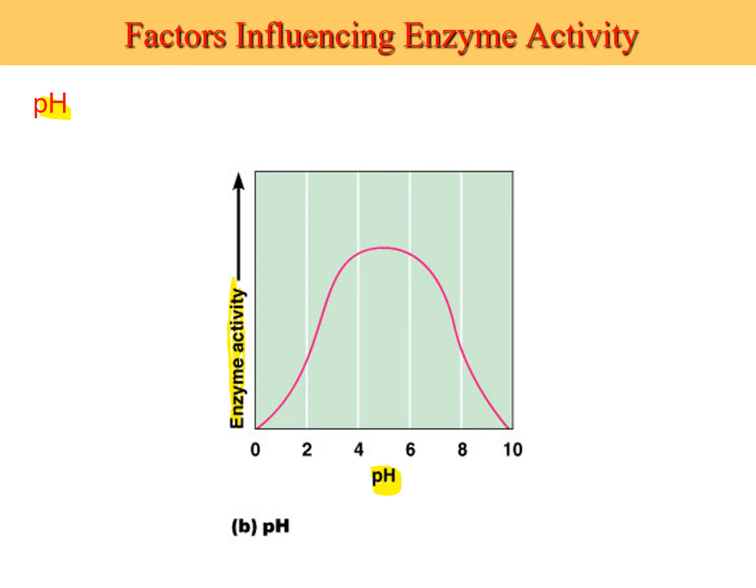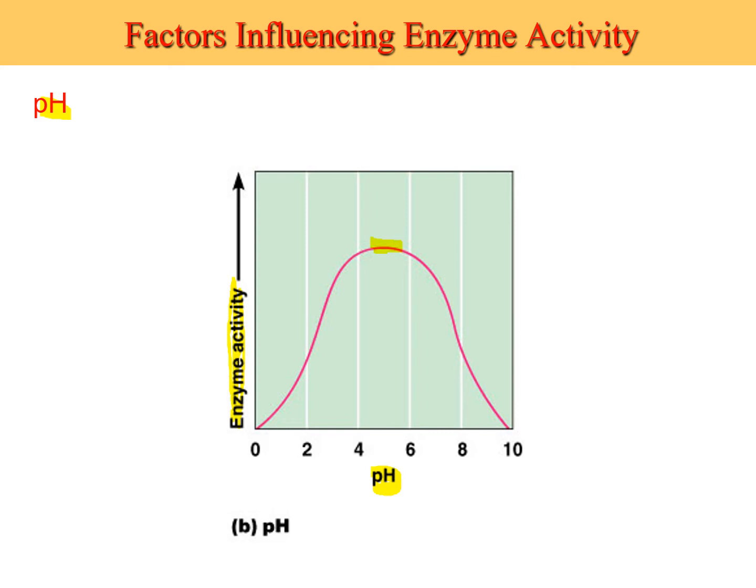even more hydrogen ions. Eventually, you get into a pH range that can break apart the protein's amino acids from each other, and then it's irreversibly denatured. But here you have an optimal pH between 4 and 6.